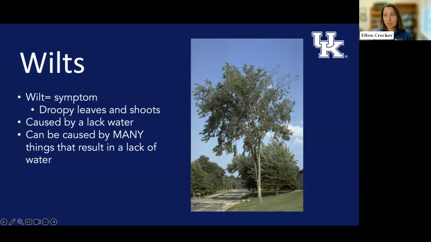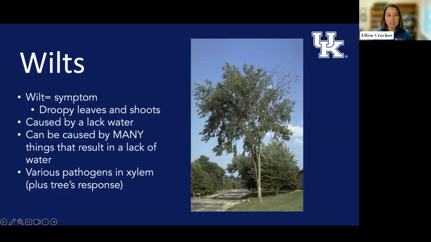But when we're talking about wilts as a group of diseases, we're typically talking about a specific group of different diseases that are caused by pathogens in the xylem, the part of the tree's tissue, that wood that's going to be moving water from the ground up through the tree. So of course, anything that's going to impact that region is going to result in those water stress symptoms.